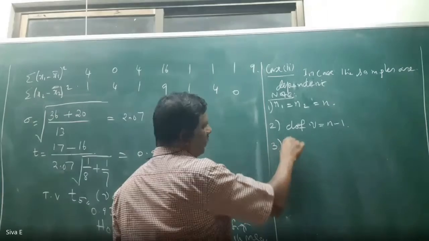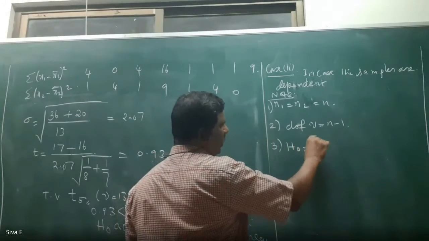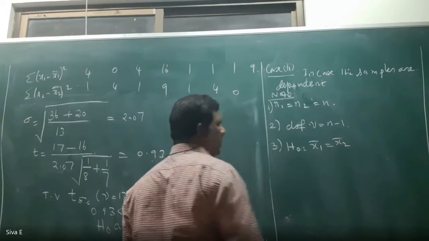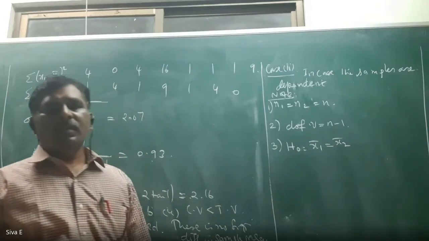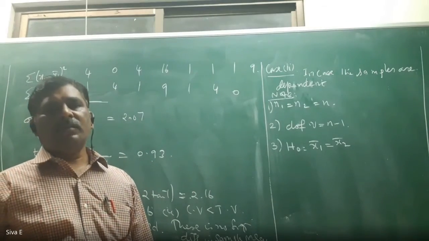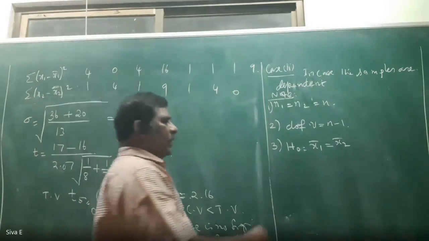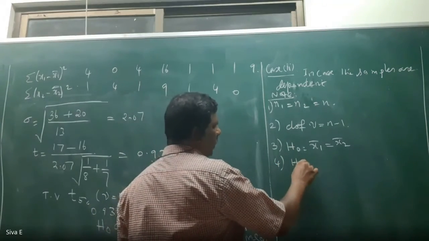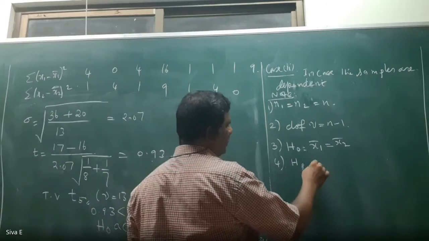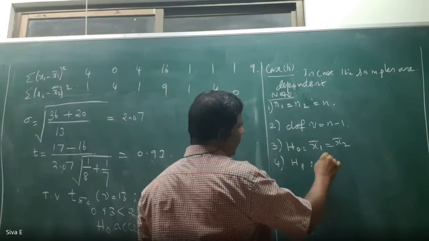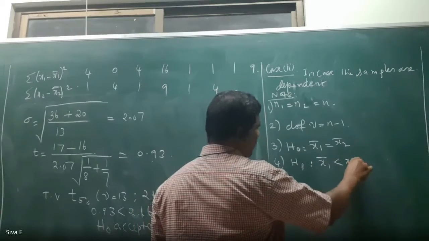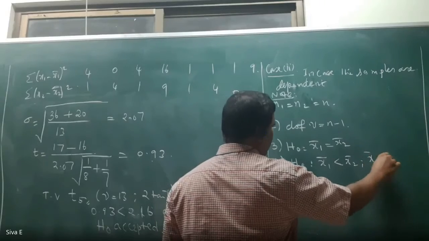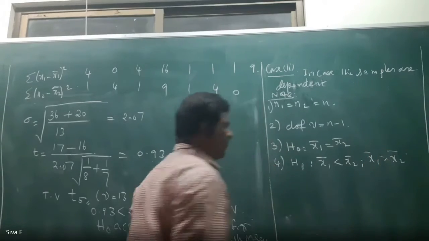Third point, H naught is x1 bar equal to x2 bar. Fourth point is the alternative hypothesis. H1 is either x1 bar less than x2 bar or x1 bar greater than x2 bar.